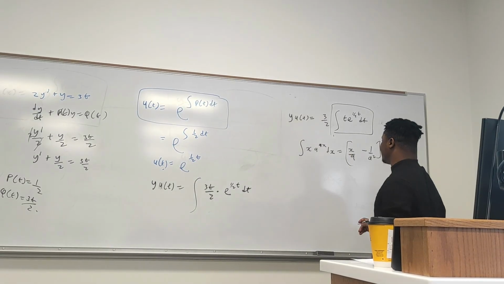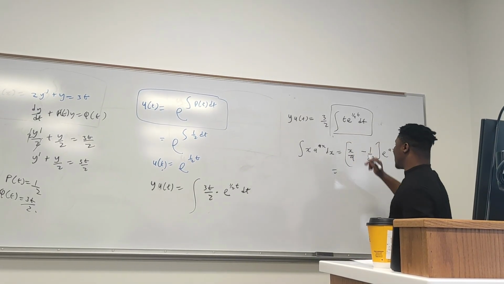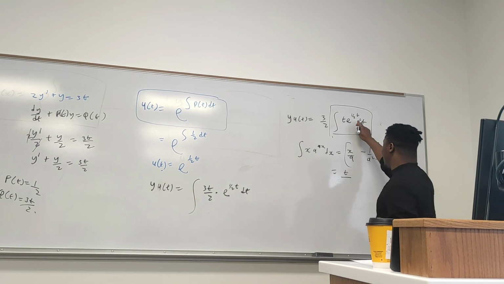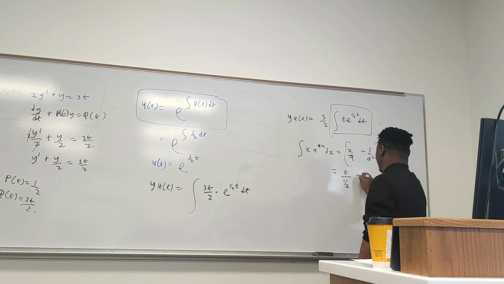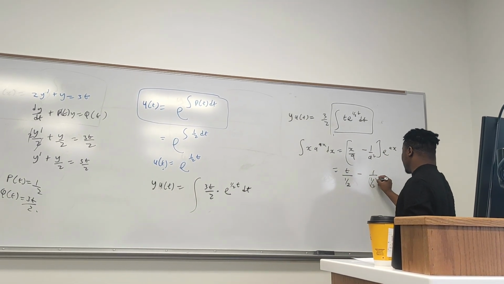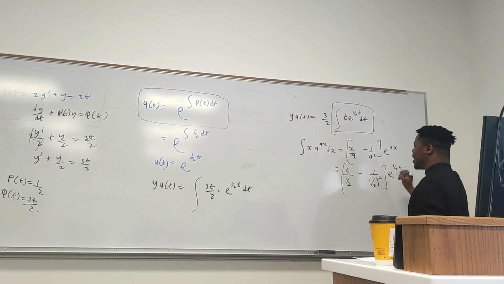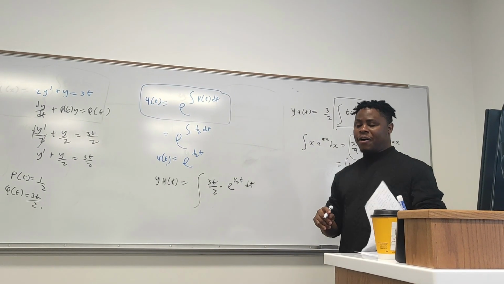So this time around, our x is t, so that is t over a, where a is 1 over 2, minus 1 over a squared. Then you have exponential 1 over 2t. That's what it gives us, using number 53.